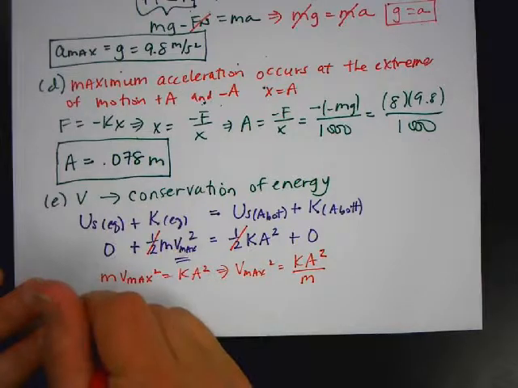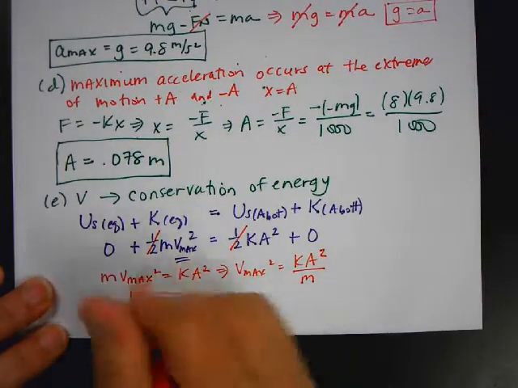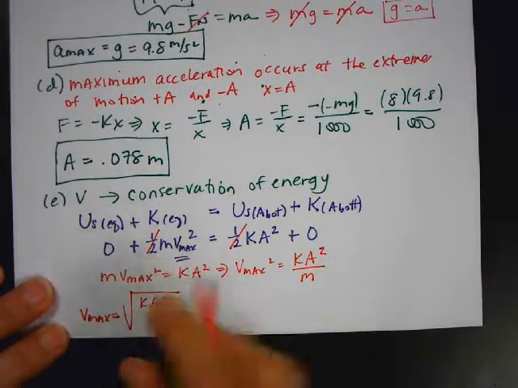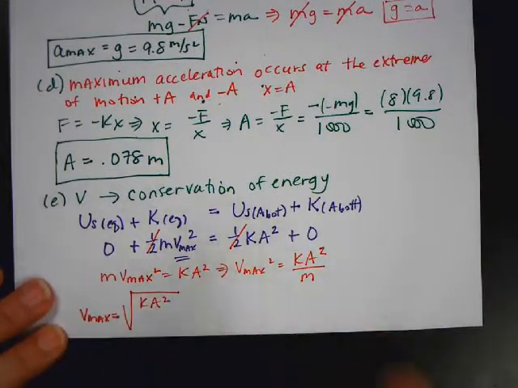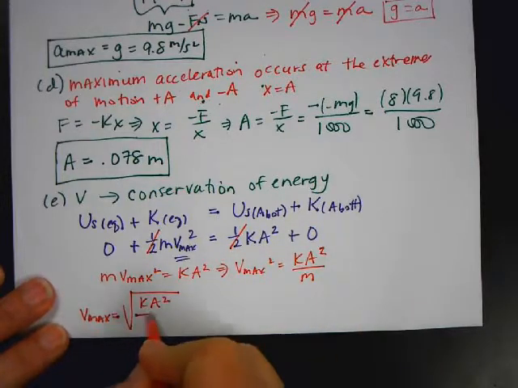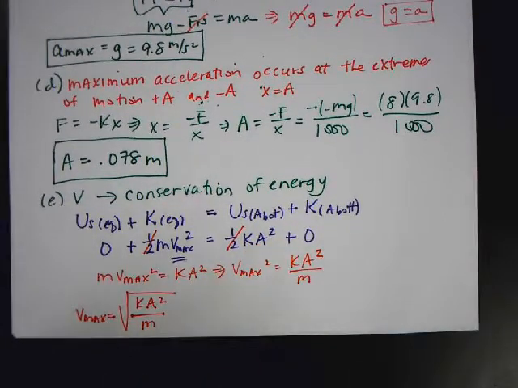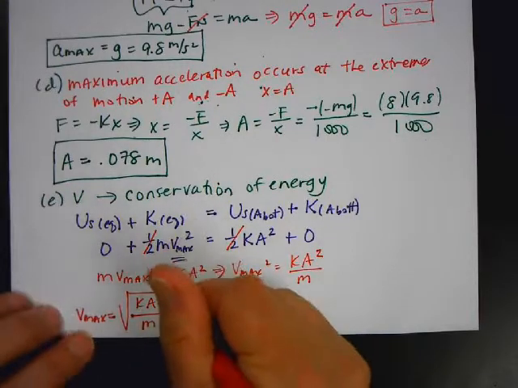So v max is equal to the square root of k A squared divided by m. If you call this x, the maximum displacement is the amplitude. If this were an FRQ and they want it all in terms of variables, make sure you use the variables that they ask for. If it says A or it says x, make sure you use the one they're asking for.